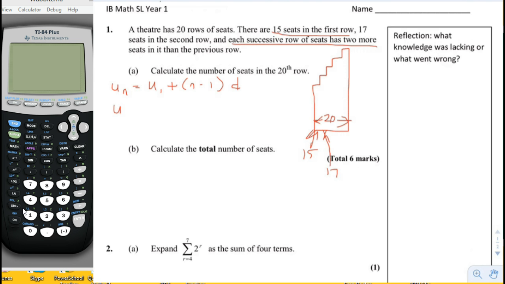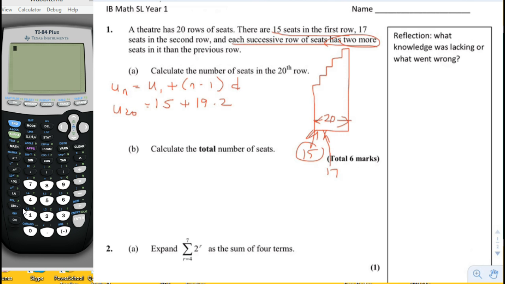The 20th row is equal to the first row plus the 20th row minus 1, which is 19, times d, and d we know is 2 more for each time, so it's positive 2. And what's u1? We know that u1 is 15.